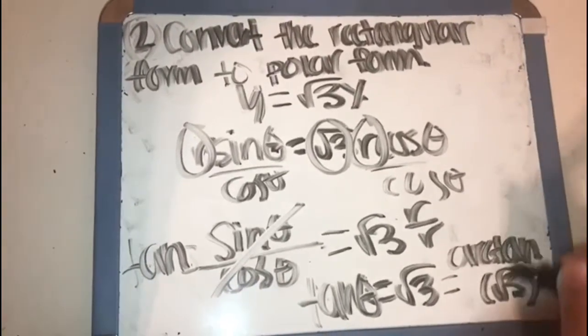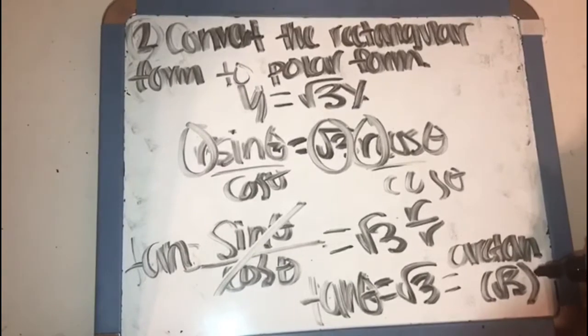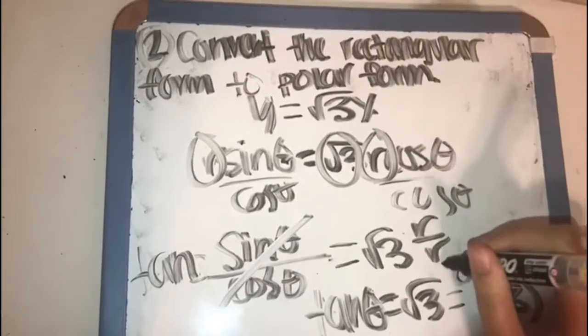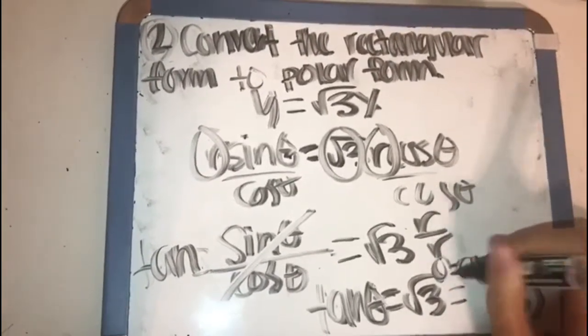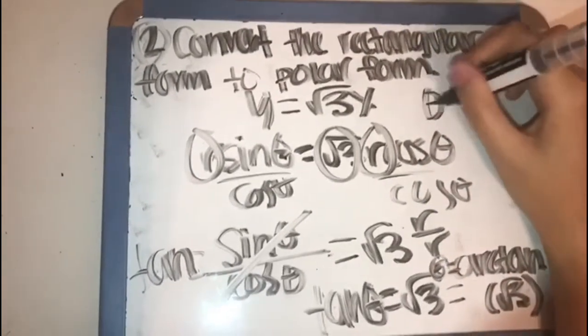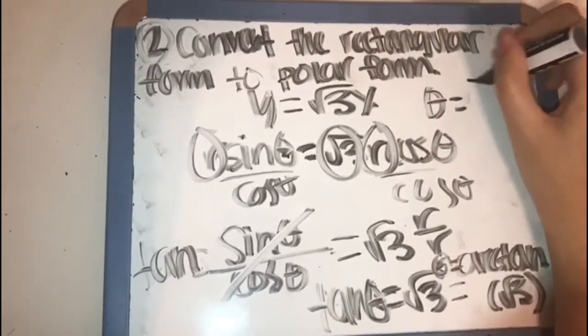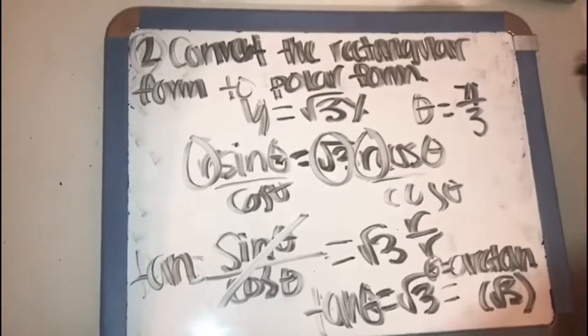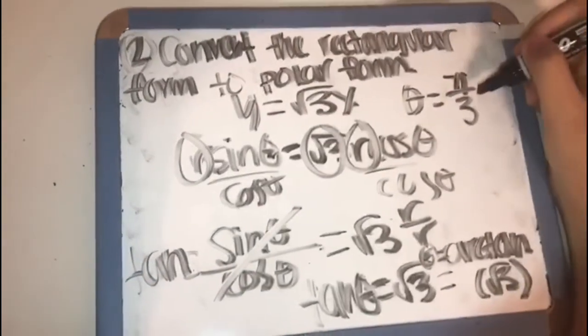So when you solve for theta right here, theta equals arctangent of the square root of 3, which is pi over 3, and this is what you will get as your final answer.